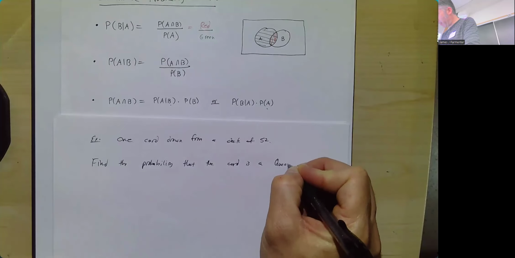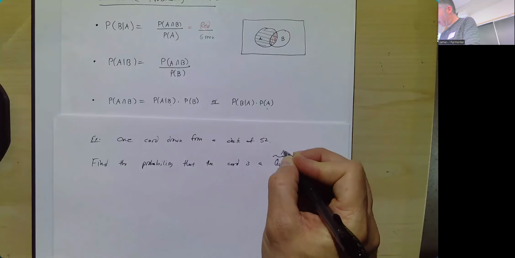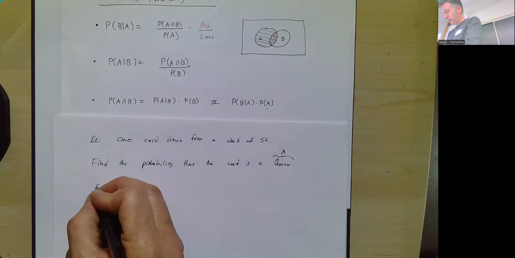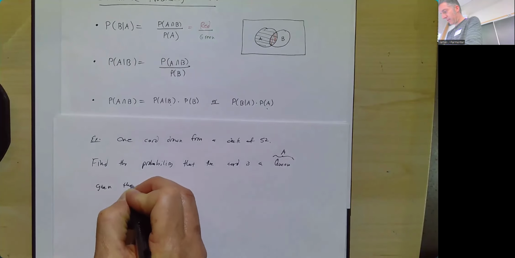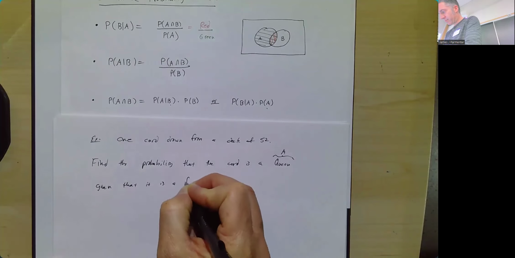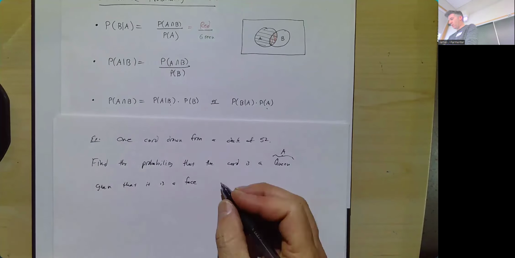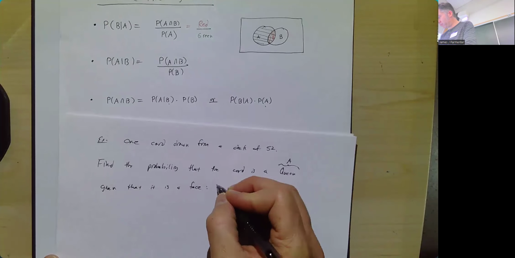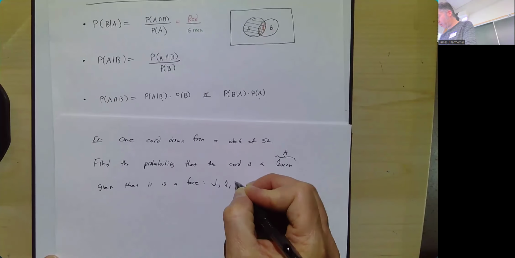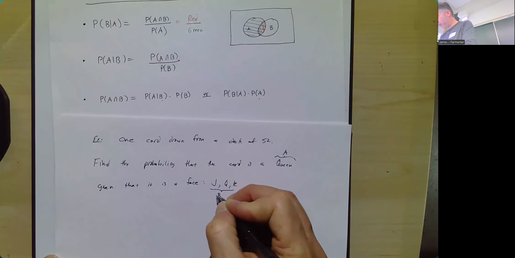We'll call that event A, although I would probably call it event Q, given that it is a face card. So that would be Jack, Queen, or King. We'll call that event B.